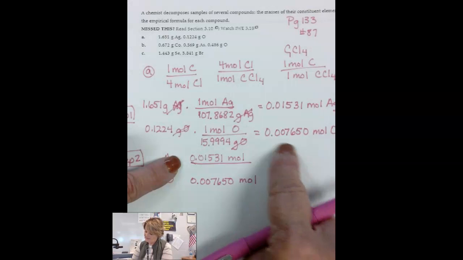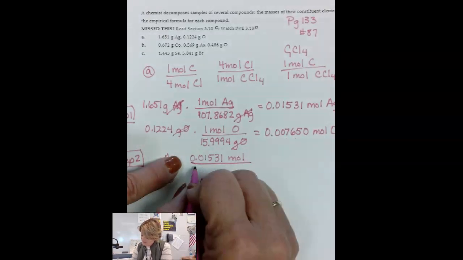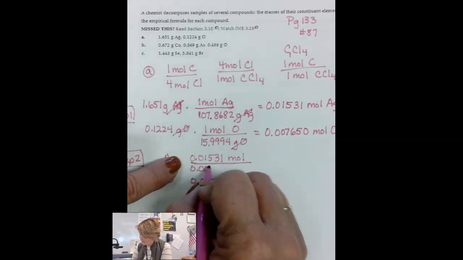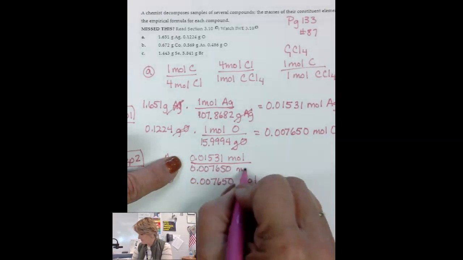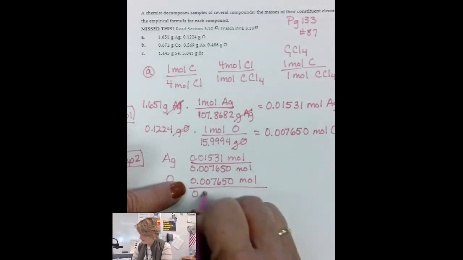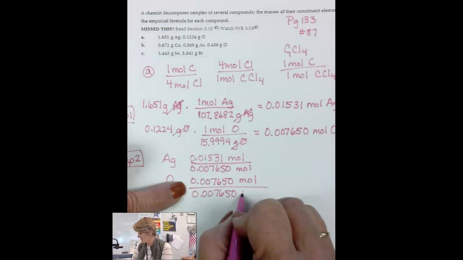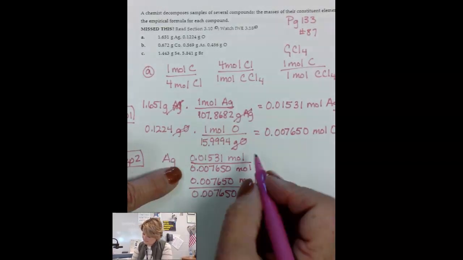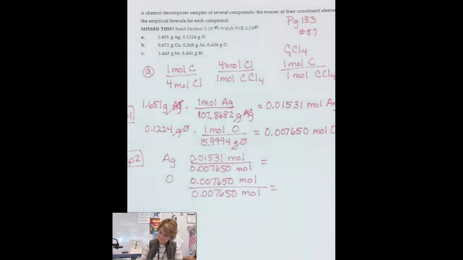So I'm going to divide by the smallest here, and 0.007 is the smaller. So 0.007650 moles, 0.00765 moles on that. And then we can do our division.